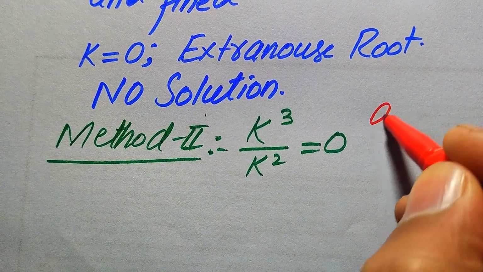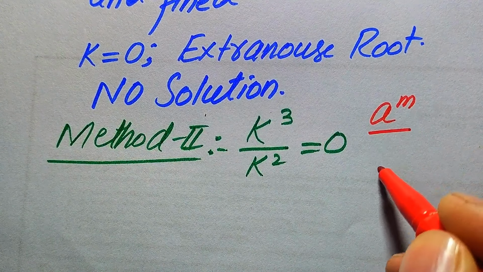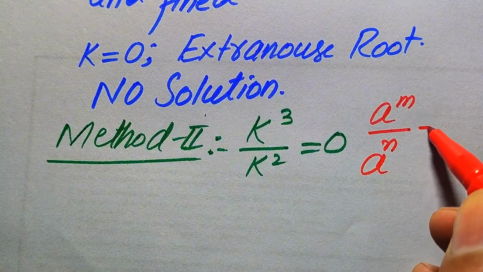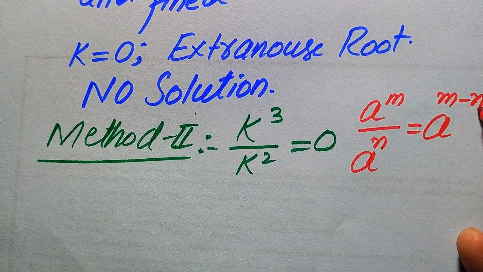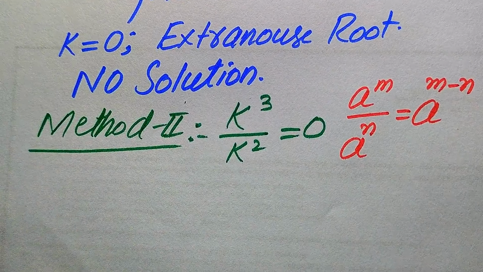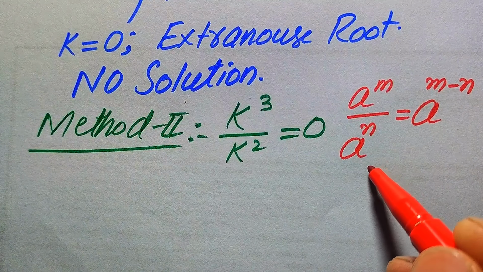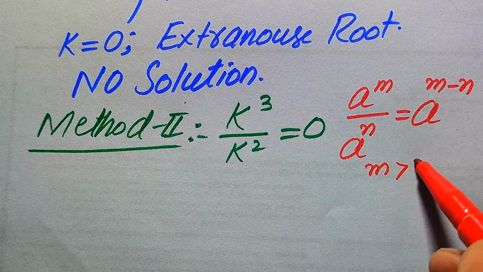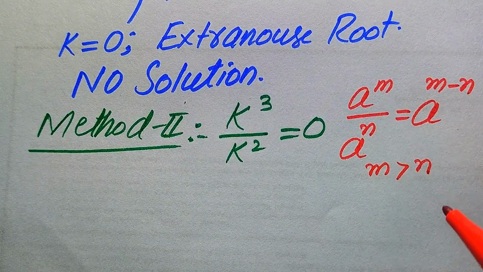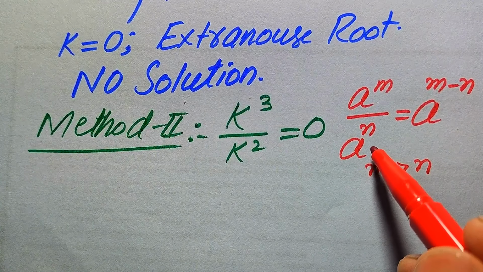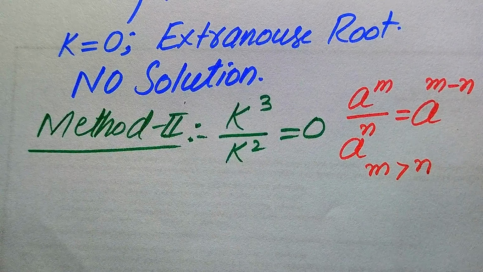You know that a to the power of m divided by a to the power of n equals a to the power of m minus n. So if m is greater than n, then we move the lesser exponent towards the greater exponent.